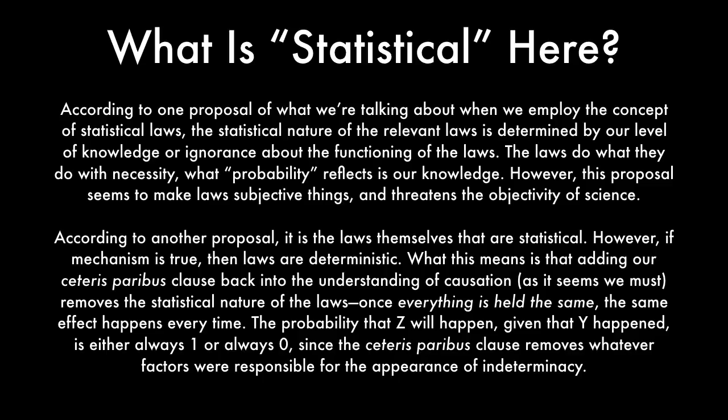But we have to hold everything fixed in order to make sense of causation as explanatory. So, there are only two ways here to make sense of the statistical nature of causation. One is that by statistical, we really just mean ignorance on our part. We're talking about our own subjective situation. The other is to deny that mechanism is true of the world and to claim that there is genuine indeterminacy in the world.